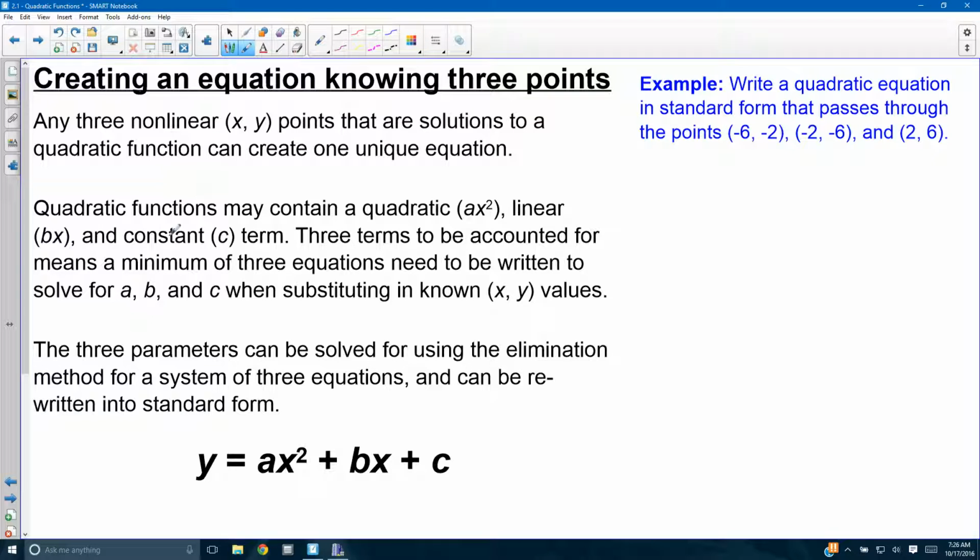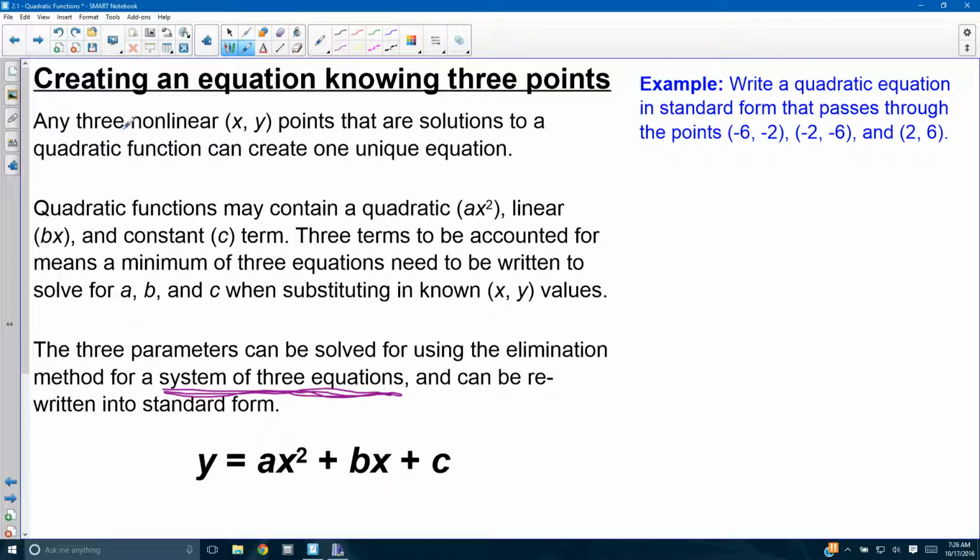And finally, creating an equation knowing 3 points. Now, I'm going to be hitting on something called solving a system of 3 equations here that will not be talked about in any future videos for quite some time. So take what I say as canon and trust that we'll go over it at a different time. You probably have if you've taken an Algebra 2 course, though.